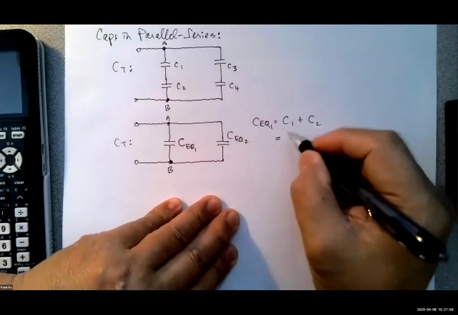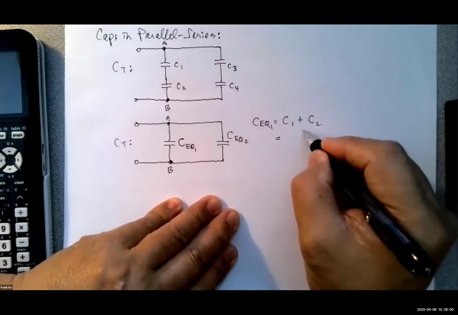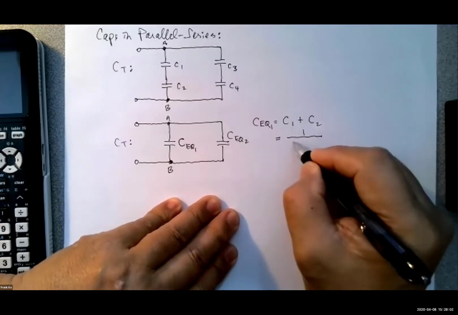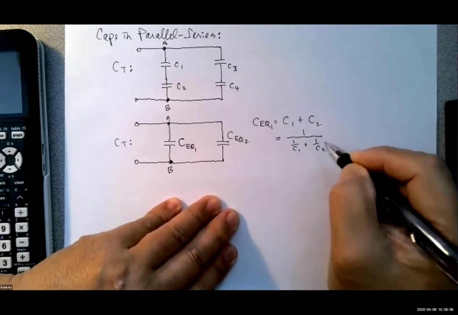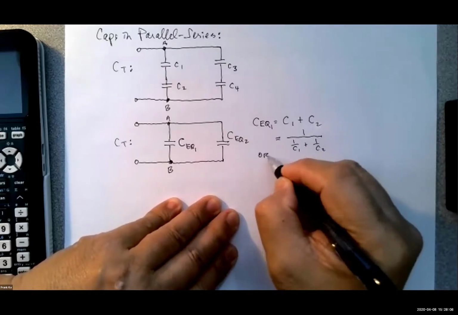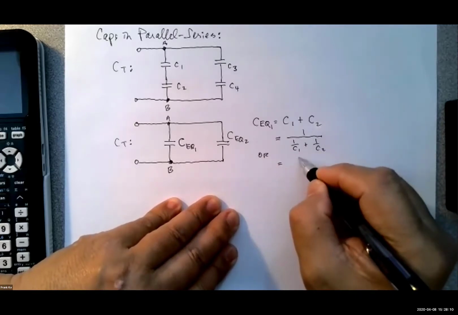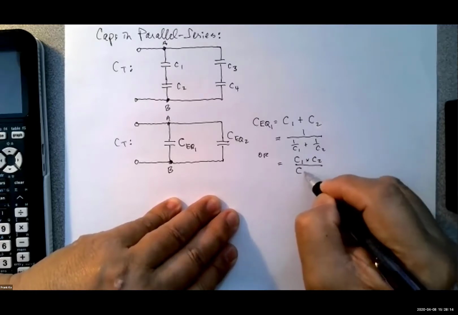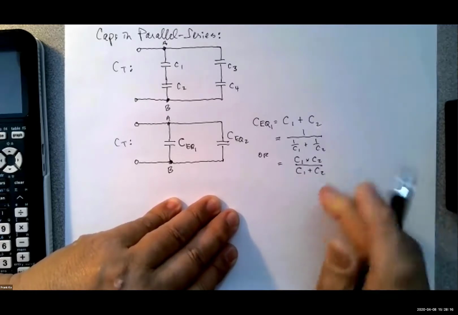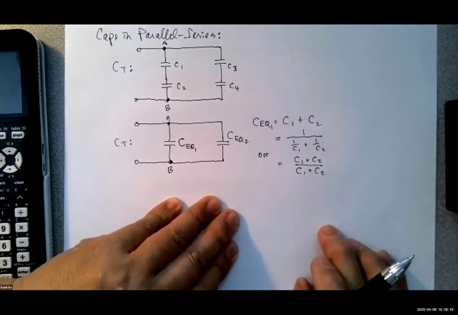Mathematically, you are correct. We would do the reciprocal method of 1 over C1 plus 1 over C2, or we could also do C1 times C2 over C1 plus C2. We can engage product over sum as well.